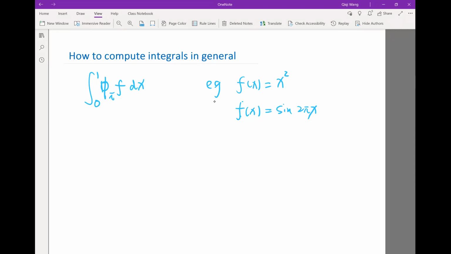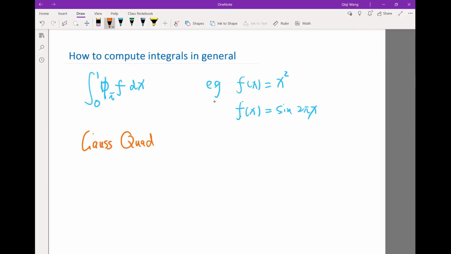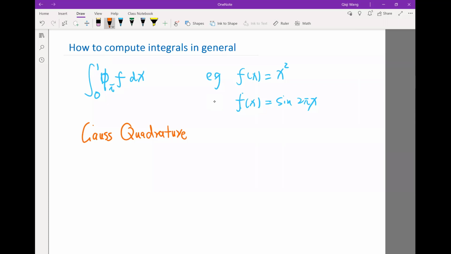It turns out there is a very powerful and useful way to compute integrals numerically. It's called Gauss quadrature. The idea is that if f is a smooth function, then phi is also usually smooth if you restrict phi to one element at a time.